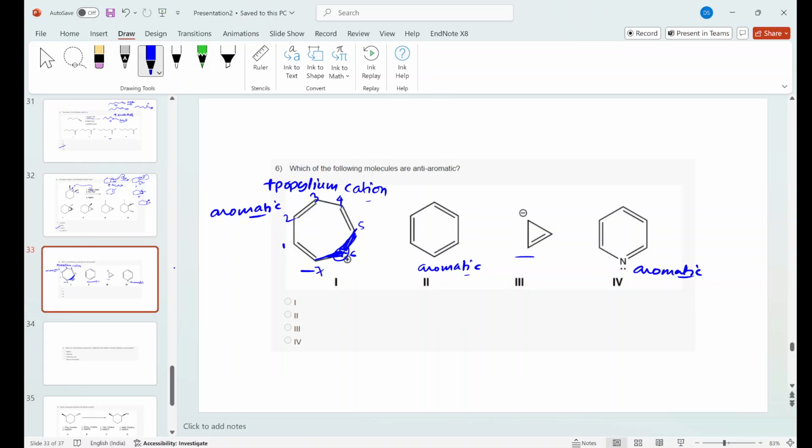So this one, you can see this is planar, p orbital present, and it has 4 pi electrons. That is 4n. So this is anti-aromatic. So 3 will be the right answer.